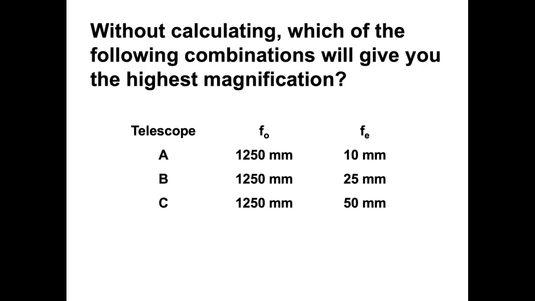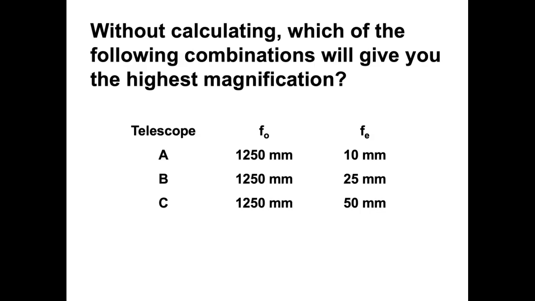So, what do you think? Right? Think about the relationships here. All right. Without reaching for your calculator, which of these is going to have the greatest magnification? If they all have the same objective, and if the only difference is the eyepiece, then the highest magnification will come from the shortest focal length eyepiece.